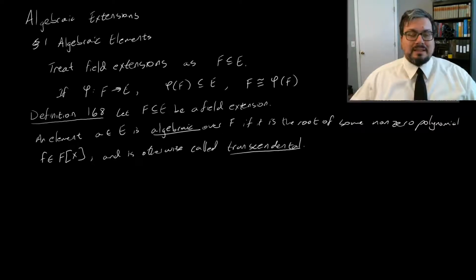We're going to be able to make this precise later on when we start describing what happens when we take the extensions corresponding to an algebraic element versus a transcendental element.